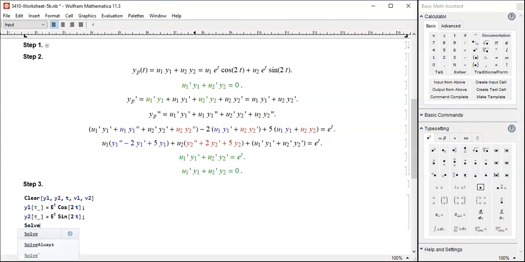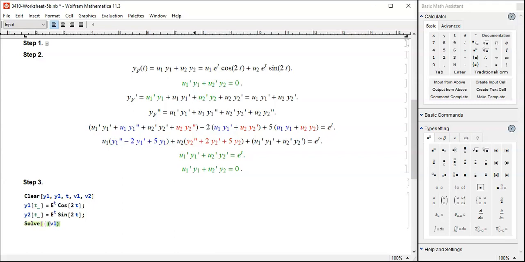So, the expression v1 that replaces u1 prime, and then y1 of t plus v2 y2 prime of t is equal to e to the t power.